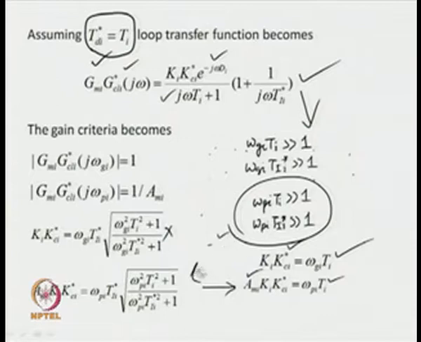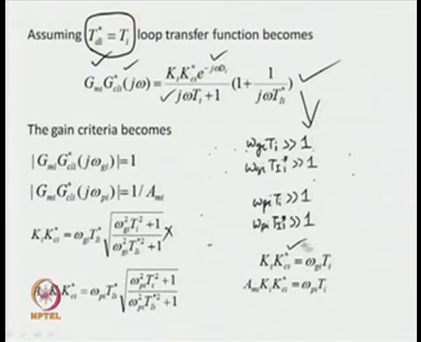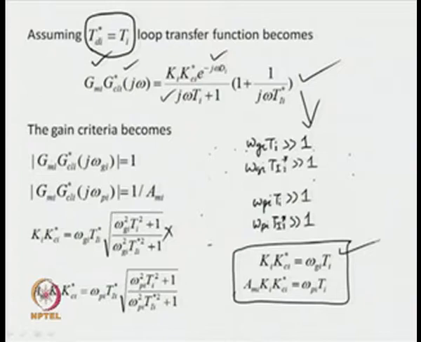Now, with these choices of gain and phase crossover frequencies, it is always possible to get simpler equations like this from the gain criteria. So, the two gain criteria here will be used later on to find simpler expressions for the unknown parameters of the new PID controllers.